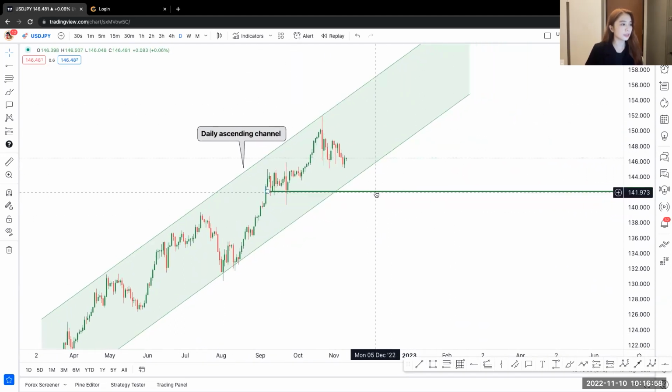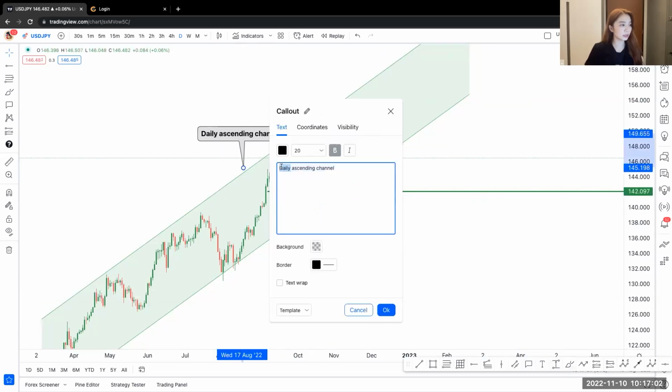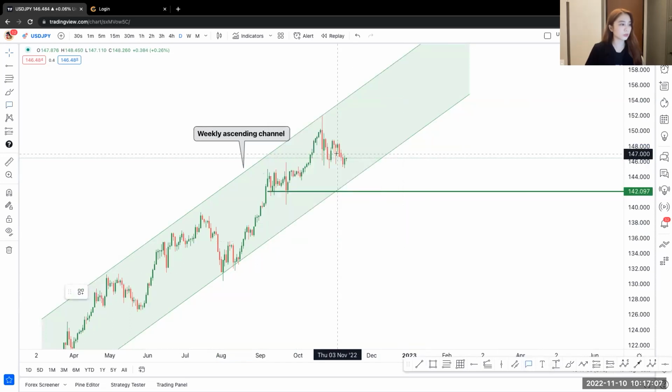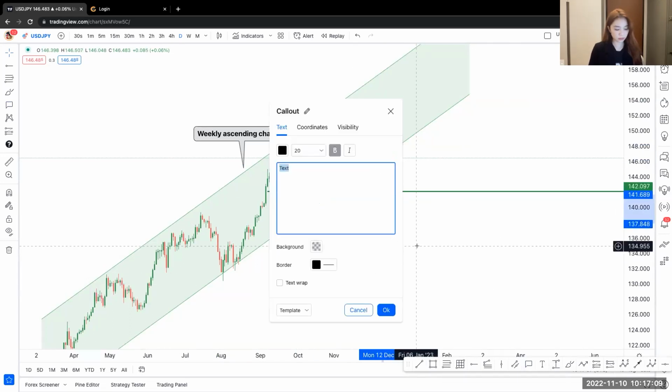Okay, and then we can see that, sorry, that is a weekly. And then we also see a daily recent support line.